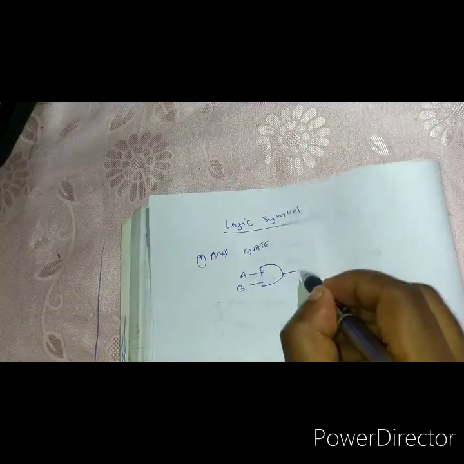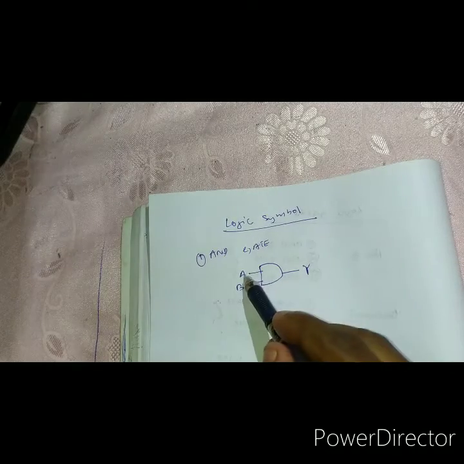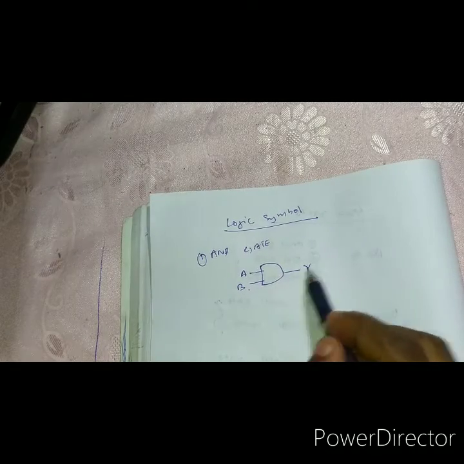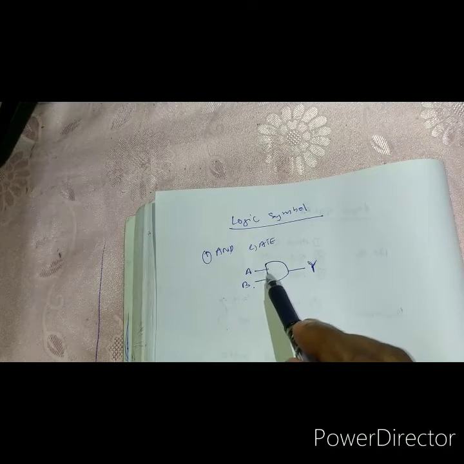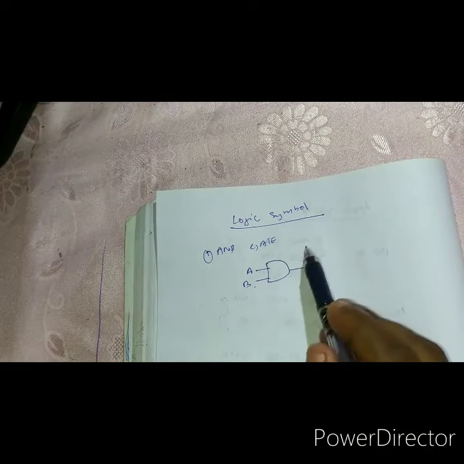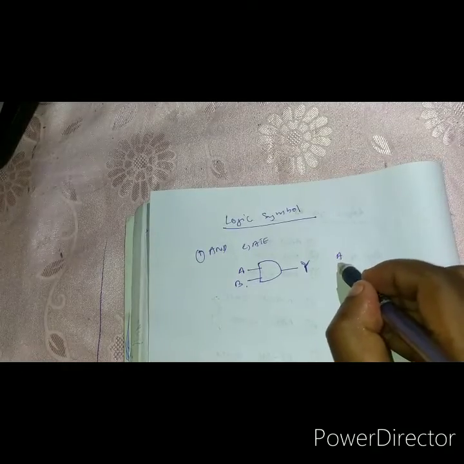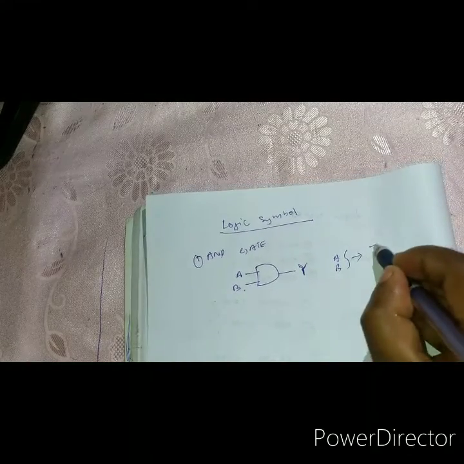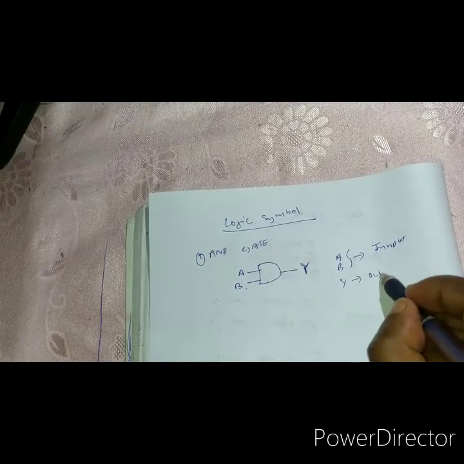This is A, B, this is Y. This is the logic symbol for the AND gate, where A and B are the inputs and Y is the output. Any logic gate except the NOT gate may have 1, 2 or more than 2 inputs but can have only one output, where A and B are inputs and Y is the output.